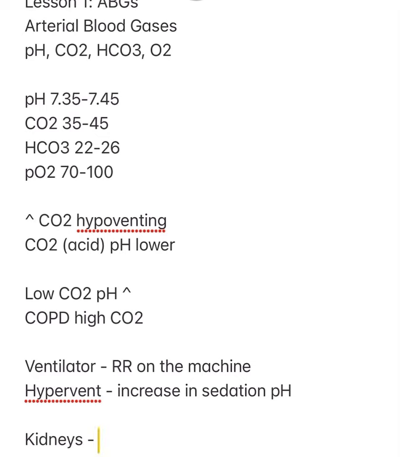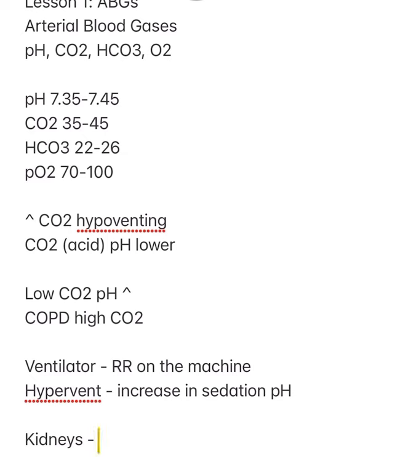So, the regulation with the lungs can take 30 minutes to an hour. With the kidneys, it can take upwards of a day, 12 to 24 hours to see a change. The kidneys are a lot slower. So if we're expecting the kidneys to regulate the body system, we're going to have to wait a little bit longer time compared with the lungs.